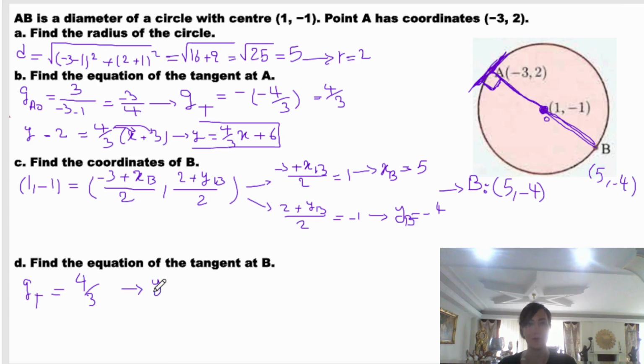So I say y minus, what's y here? -4, equals 4 thirds x minus 5. Distribute this 4/3 inside the parentheses. So I have y equals 4/3 x.